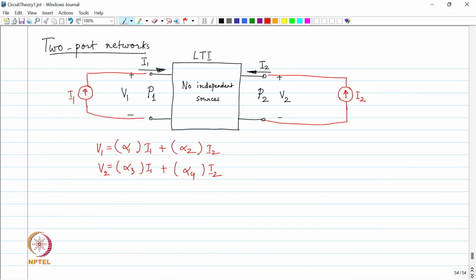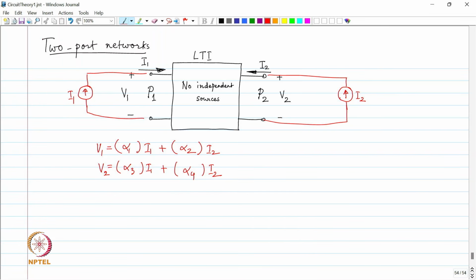That is the response of the circuit. So, you can choose. How many variables are there, by the way? There is I1, V1, I2, V2. There are 4 different variables, out of which it would be okay to choose any 2 as dependent variables, any 2 as independent variables.